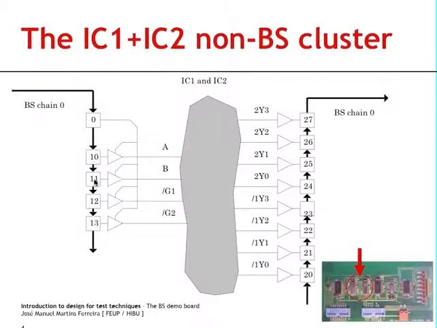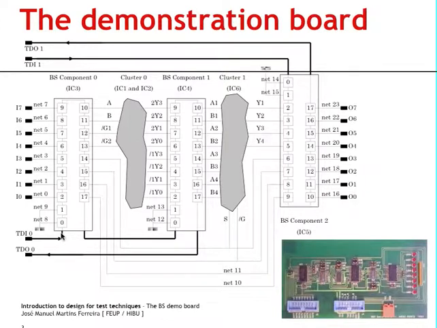The numbers indicated here represent the order of these cells in the corresponding boundary scan chains. So in the first device, if we go back here, the first device has 18 cells, which are represented here from 0 to 17. And then if we continue our notation, this will be cell number 18, 19, 20.